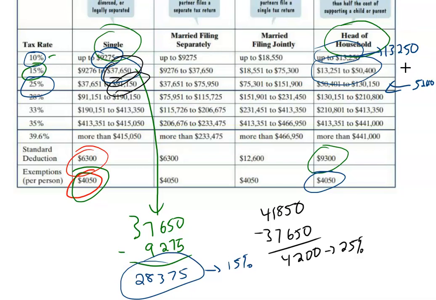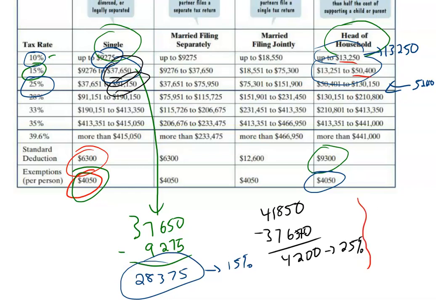So because this person made slightly more than that, we have to take the full amount of money in this bracket and calculate 15% of that. To figure out how much money is in that bracket, we will subtract. I'm just going to erase that so you can see it a little bit better. So let's use a different color. We'll use red. So this amount minus this amount here.